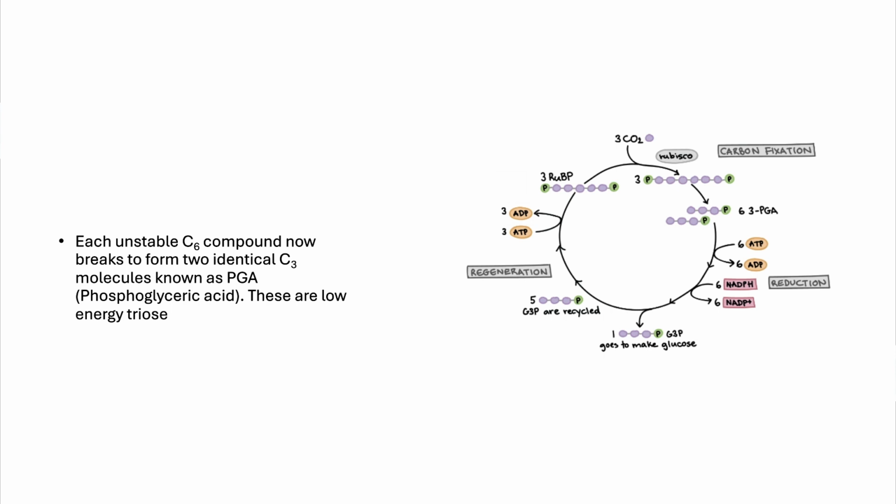Now, out of the 36, 6 is going to be taken away, removed to make glucose. And you're left with 30. And in the beginning, we needed 5. We needed a C5 compound.